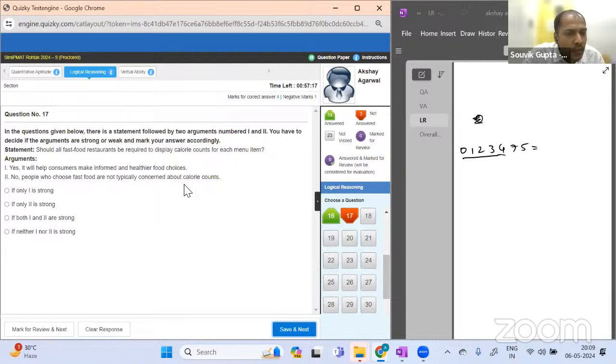But the second one assumes that the consumers are aware of the calorie count, or they are typically aware about it. They are not concerned about calorie count because maybe they are not even aware of it.